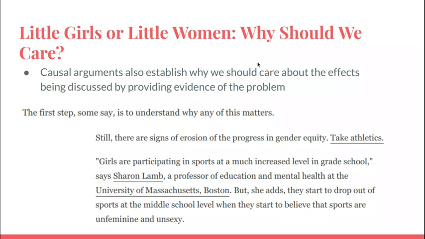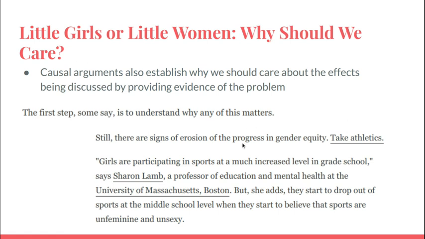Another thing that causal arguments often do is to get the reader or the audience invested, right? We definitely want to understand as an audience why we should care about this particular thing. So they might establish why we should care about the effects being discussed by providing evidence of the problem. So these are two screenshots from the article. And this is just one example of how we have that buy-in with this article. So the first step is to understand why any of this matters, right?